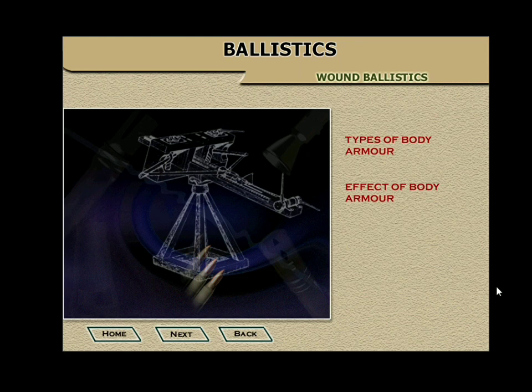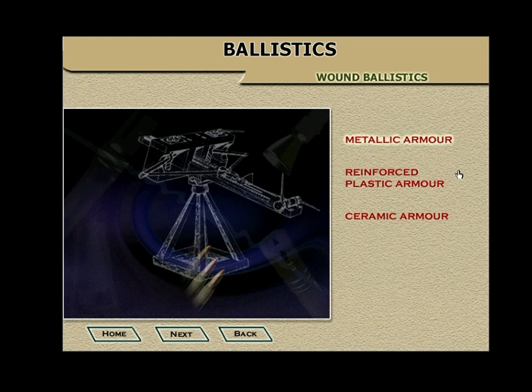We shall study the various types of body armor and the effect of body armor on a projectile. Types of body armor. There are three types of body armor: metallic armor, reinforced plastic armor, ceramic armor.